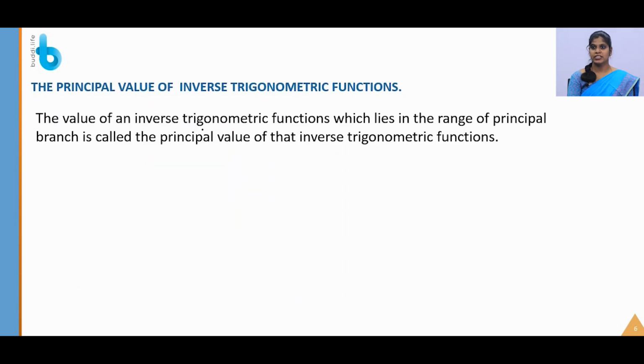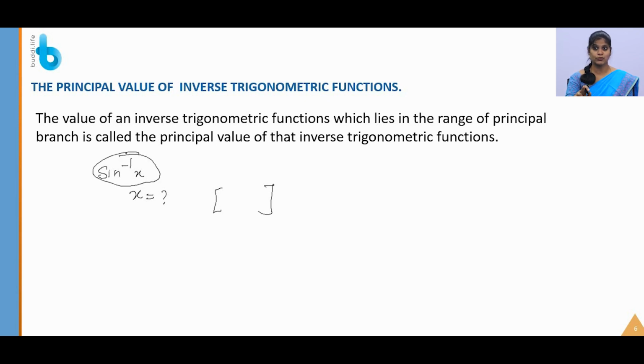The value of an inverse trigonometric function which lies in the range of the principal branch is called the principal value of that inverse trigonometric function. That is, if I take sine inverse of x, the value of x which lies in the principal branch value of the sine inverse function.